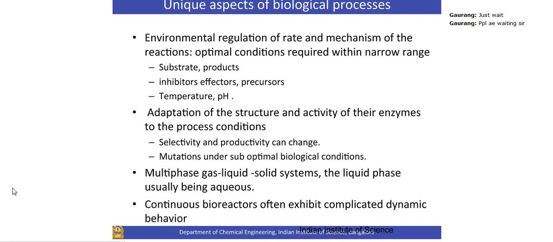The thing that comes to mind is the environmental regulation of the rate and mechanism of the reaction. Now, because it is a tightly controlled network, the optimal conditions that are required are often within a very narrow range. For example, the substrate concentration or the carbon source is inhibitory if it exceeds, for example, a gram per liter, or the cells are deficient if it is below 0.5 grams per liter.